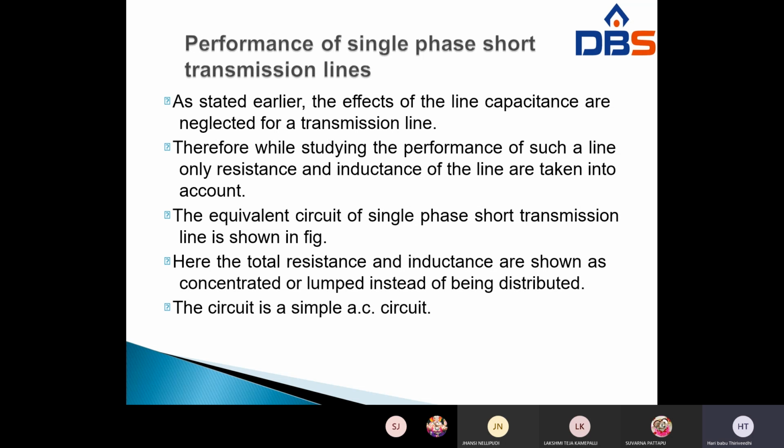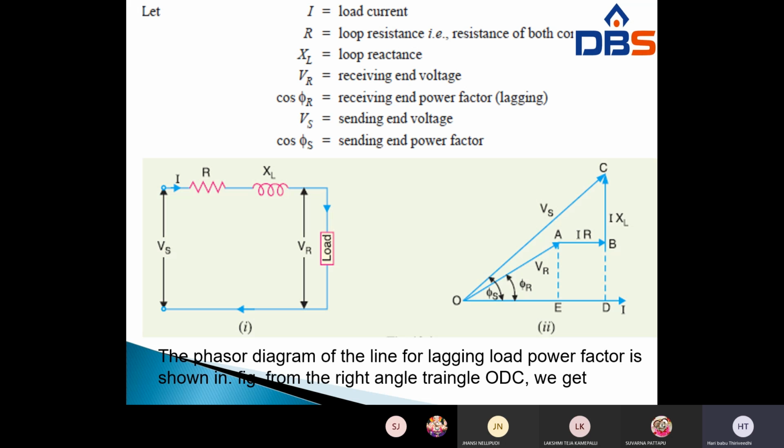All are explained with the help of a phasor diagram, right? I'm explaining the phasor diagram. So this is the phasor diagram for short transmission lines, and then we have to calculate the voltage regulation, sending end power factor, power delivered, line losses, power sent out, and also transmission efficiency.